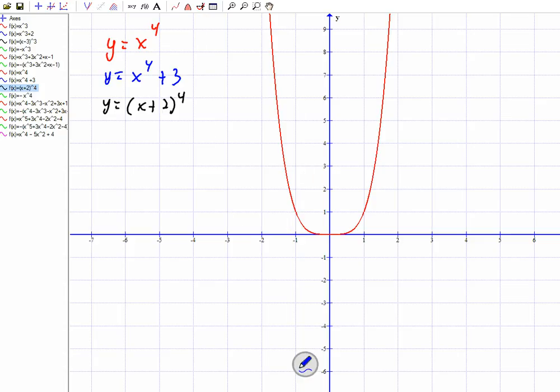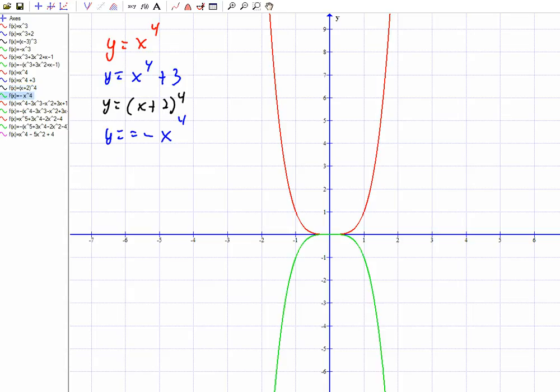Okay, so then the last one here, and again I have to use blue because I don't have green available. You've got y equals negative x to the fourth. And what are you predicting on this one? Mirrored about the x-axis, right?